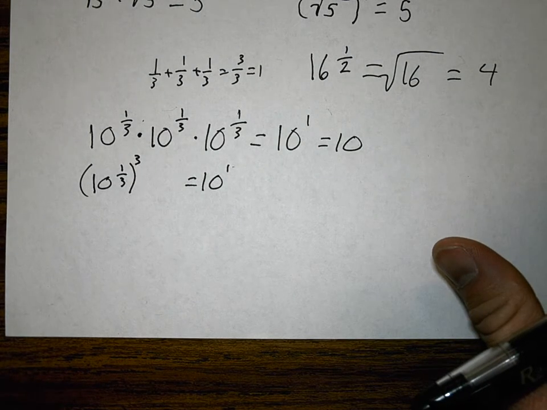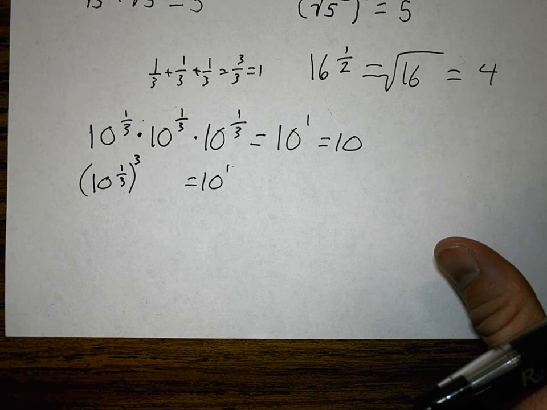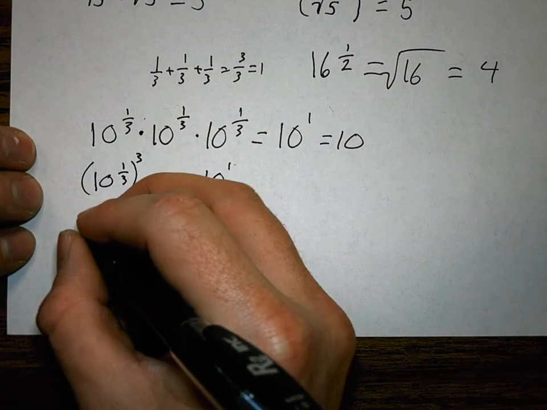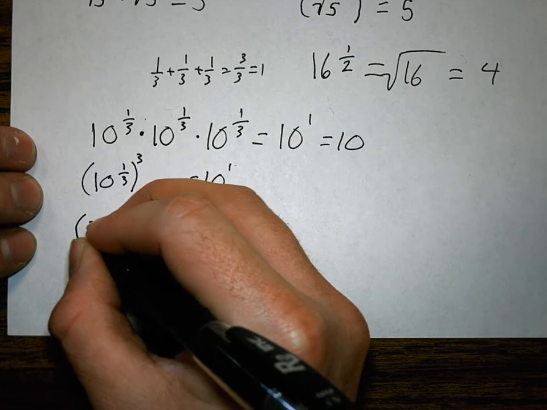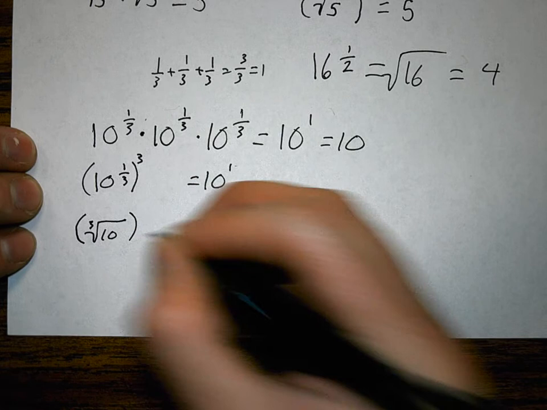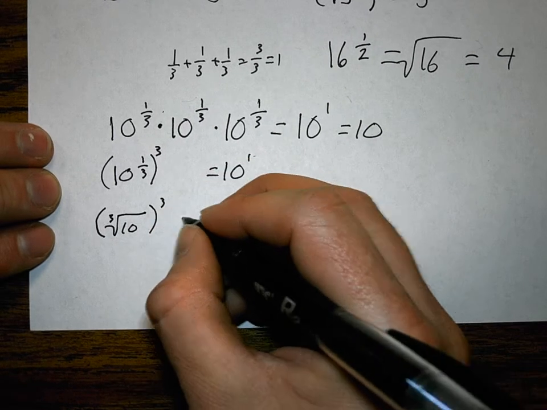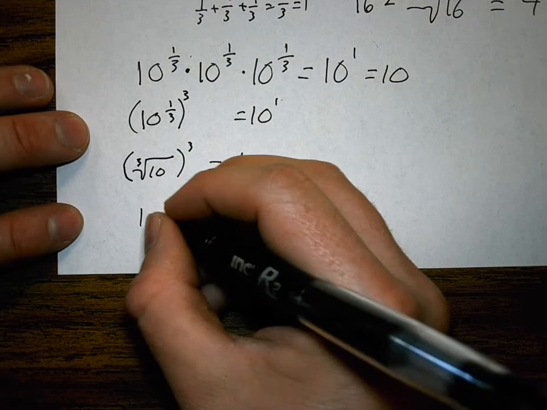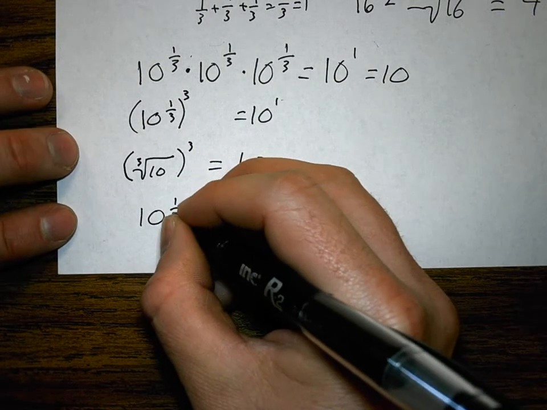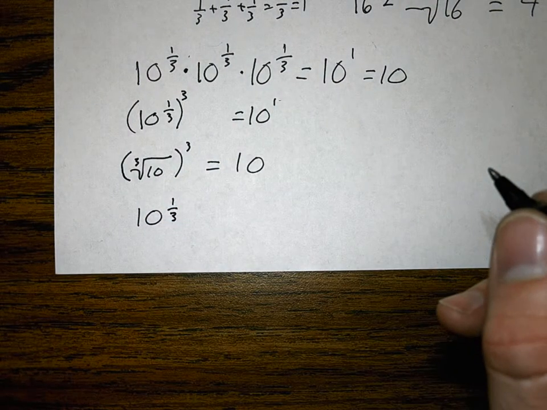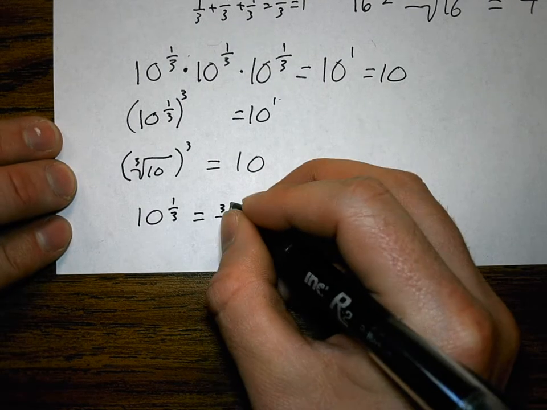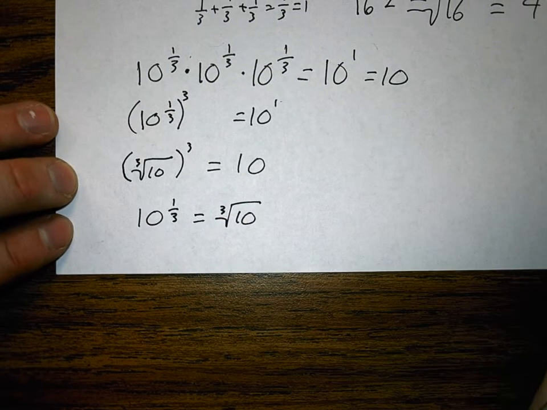So now we have to think about, well, what times itself 3 times will get me 10? And that would be the cube root of 10. The cube root of 10 cubed is just 10 itself. Meaning that 10 to the 1/3 power is equal to the 3rd root of 10.